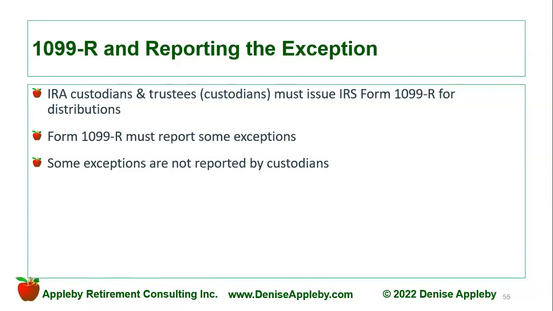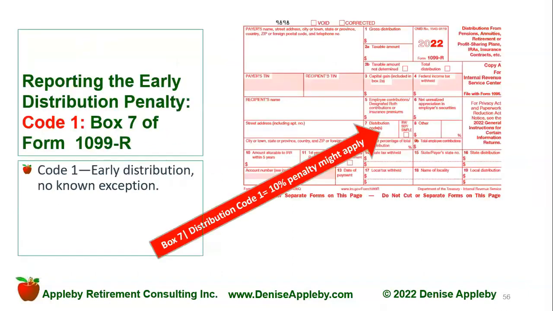Now, whenever distributions are taken from a retirement account, the plan trustee or IRA custodian must issue a Form 1099-R. Now, in box 7 of that Form 1099-R, the issuer is required to input a code. And the code lets the IRS know what type of distribution this is. And in most cases, that code indicates whether the distribution is subject to the 10% early distribution penalty.